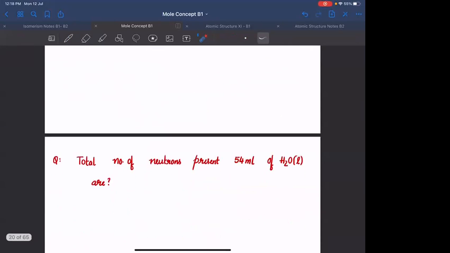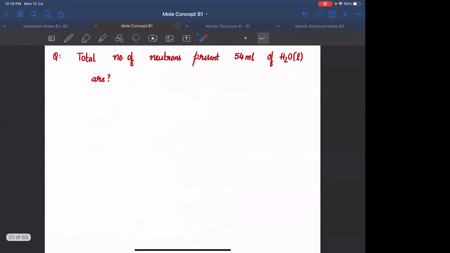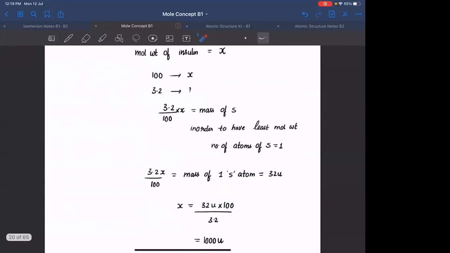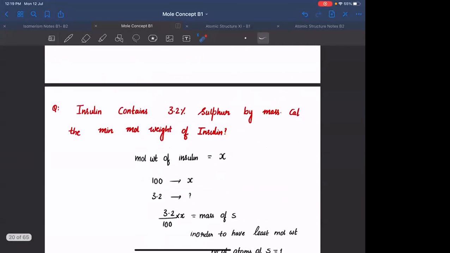Okay. Next question. Yeah, tell me, Smith. But it should have some fixed formula, so there would be fixed number of atoms. There will be fixed number of atoms, but in the question they are not asking us what is the exact molecular weight of insulin. We are not worried about the exact molecular weight. We are worried about the minimum molecular weight of insulin.